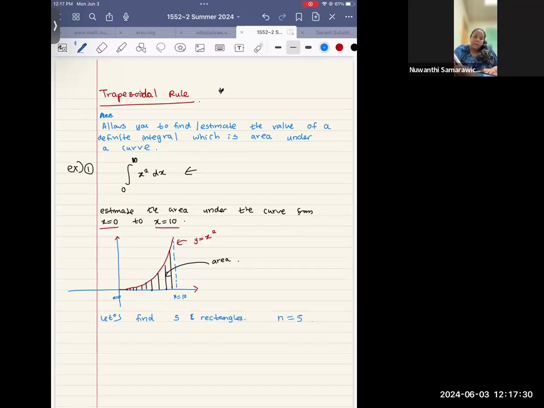Okay, so step 1 is to find the length of the rectangle. So step 1 is you need to find the delta x. Can you all find the delta x and tell me what it is?